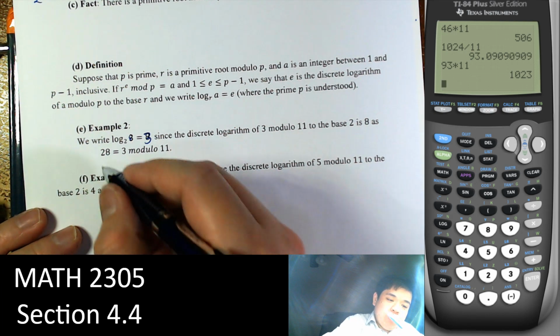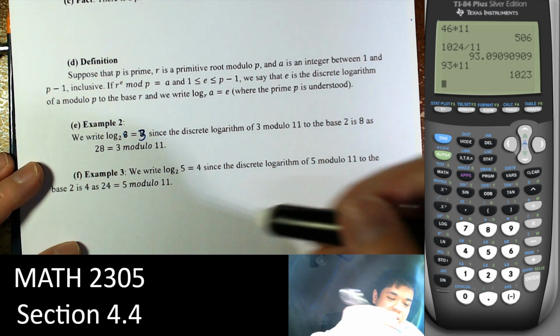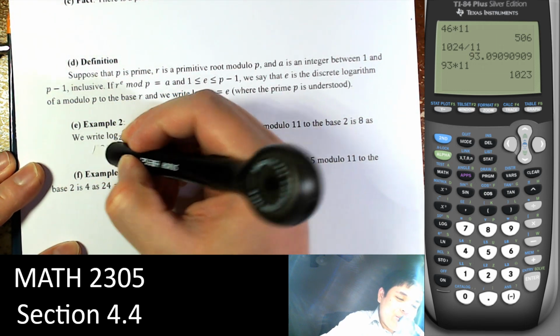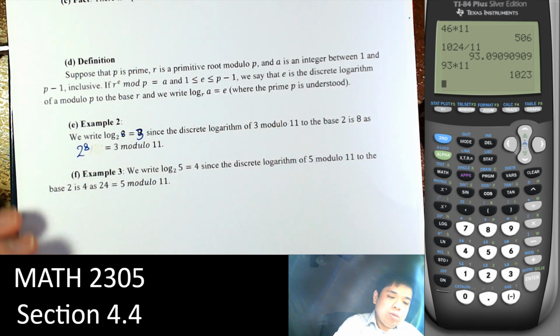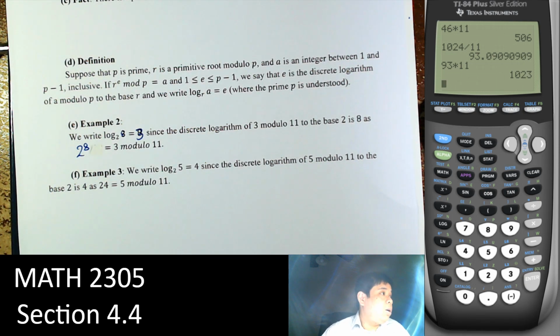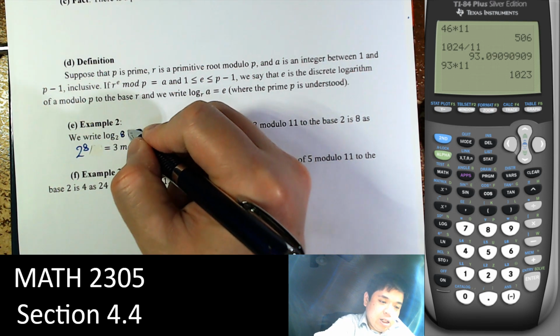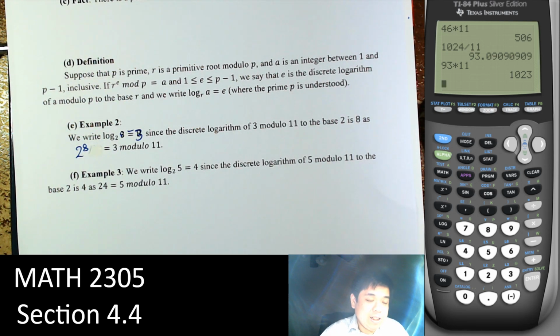I should say it's not 28, it's always a typo. Right. So we should say that it is congruent to 3.